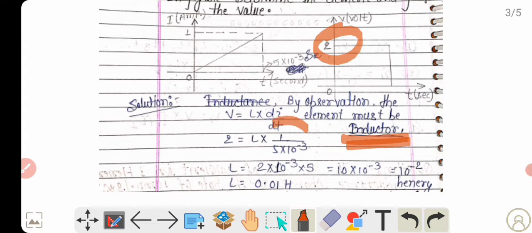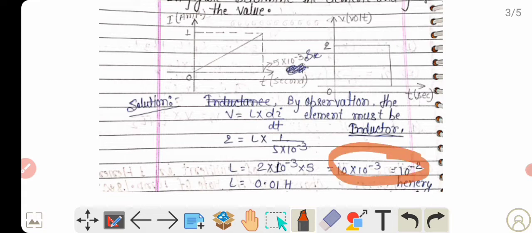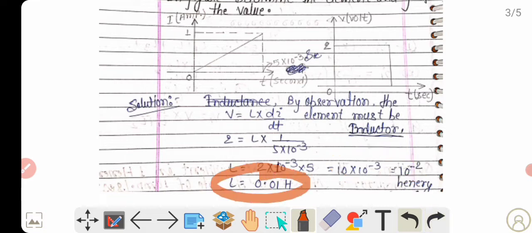We put in the value of di by dt, and as we calculate, the value of L becomes 10 into 10 to the power minus 3, that is 10 to the power minus 2 Henry, that is 0.01 Henry.